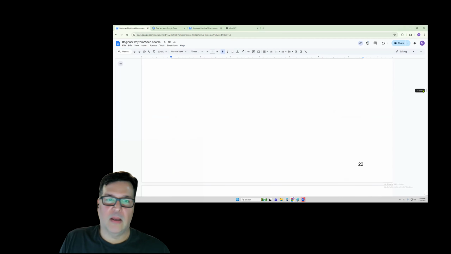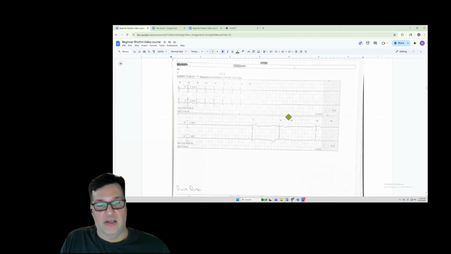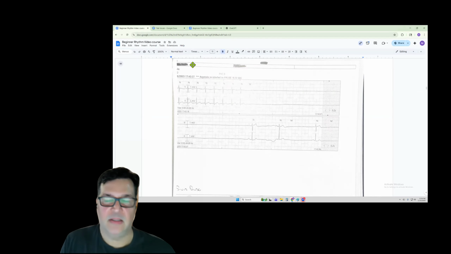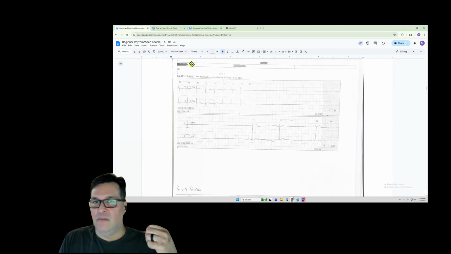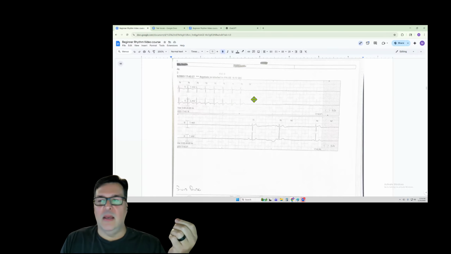All right. So this is a very exaggerated example, but what's happening is the SA node is failing to fire, right? The sinus node is pausing. And for some reason in this instance, the cells below did not pick up the slack.